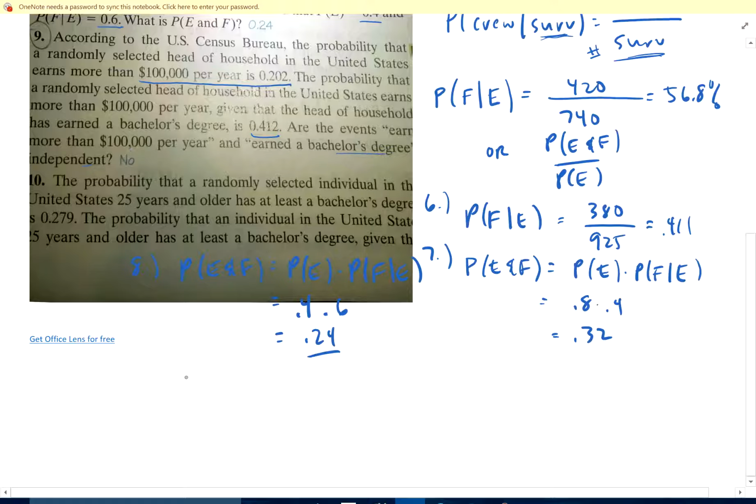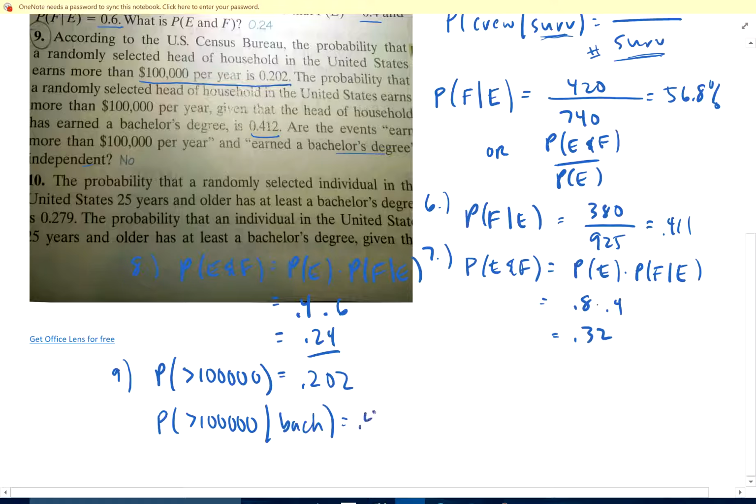Well, here, let's write down what we have. Probability of greater than 100,000 is 0.202. Probability that they earned greater than 100,000 given they have a bachelor's degree is 0.412.